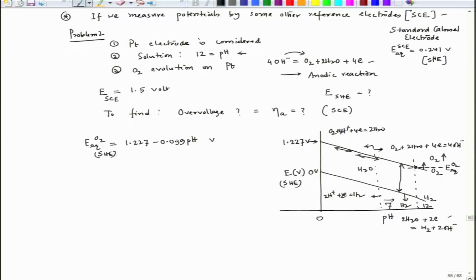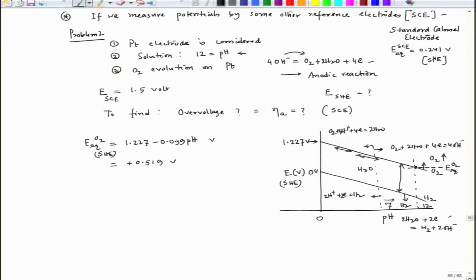Once we determine that, this becomes 1.227 minus 0.059 times 12, which is plus 0.519 volt.